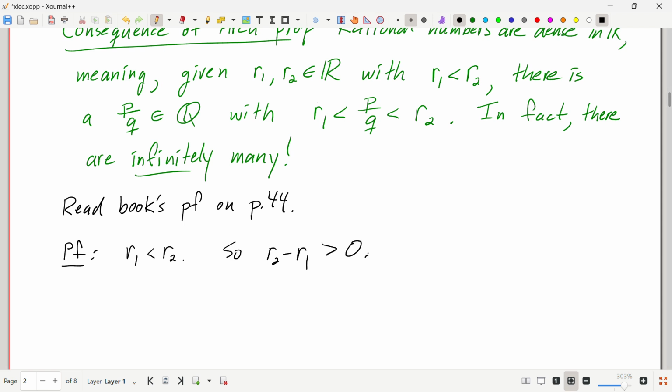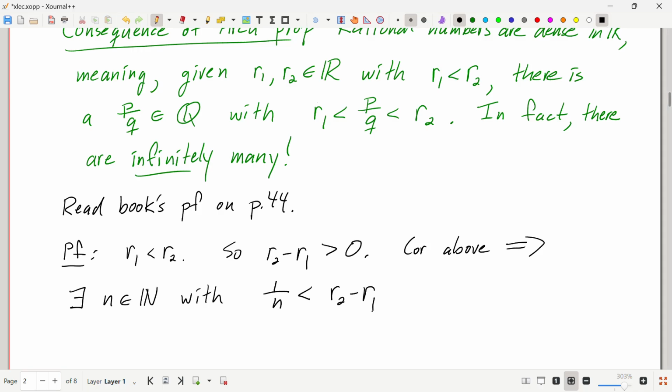And so one of the corollaries above, the second one I think, implies there exists an n in the natural numbers with 1 over n less than R2 minus R1.